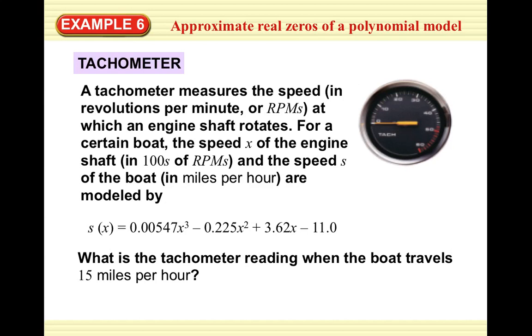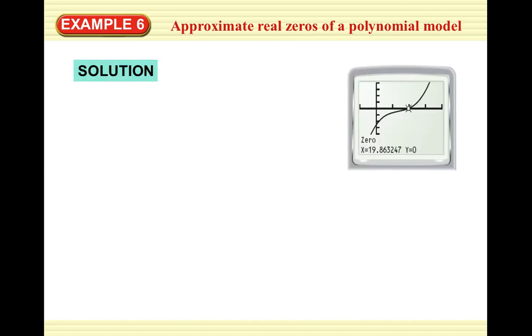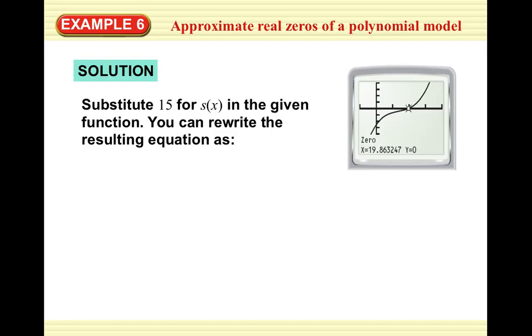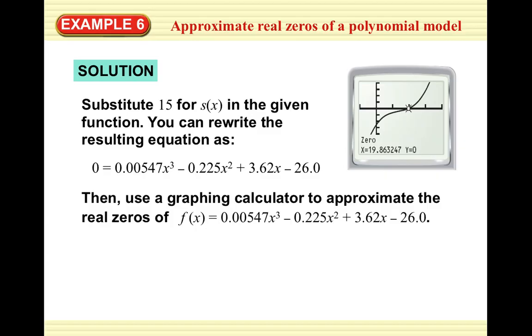All right, so let's take a look at how to solve this. We're going to substitute in 15 for s of x in the given function, so that we can then rewrite by moving 15 over to the right. Rewrite the function 0 equals all of those numbers. And then plugging it into the calculator, we can approximate the value that x is equal to 19.86 when y is equal to 0.